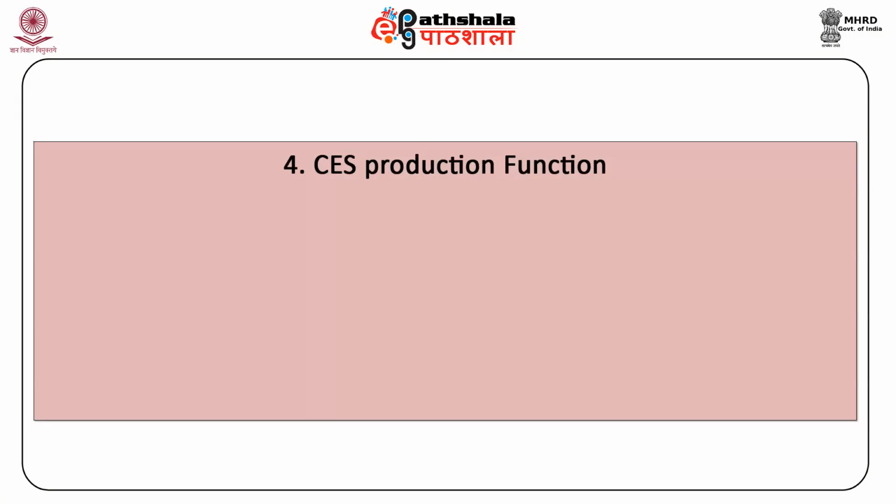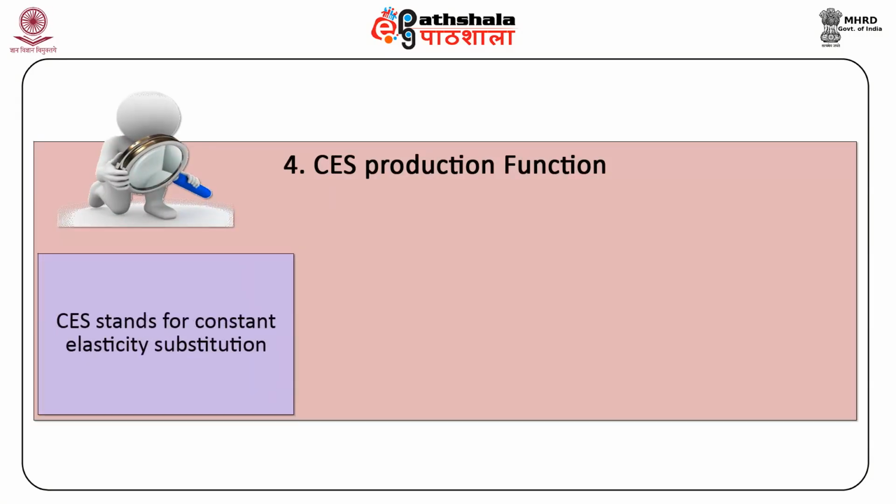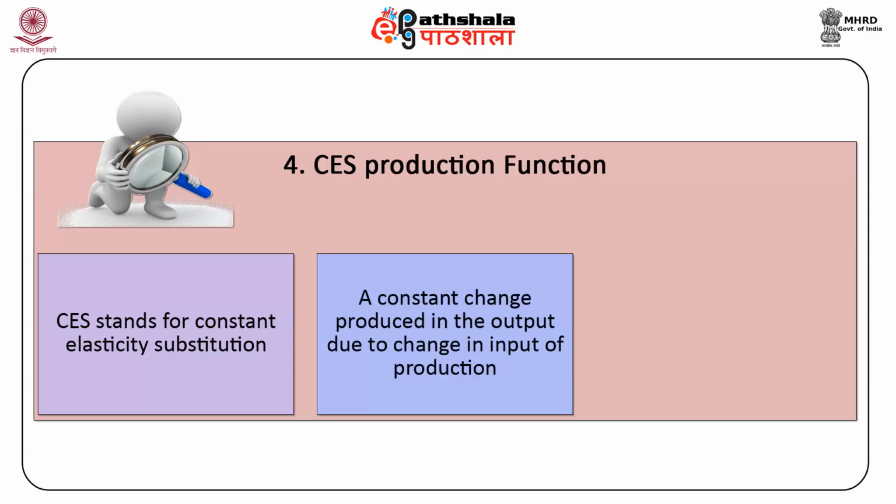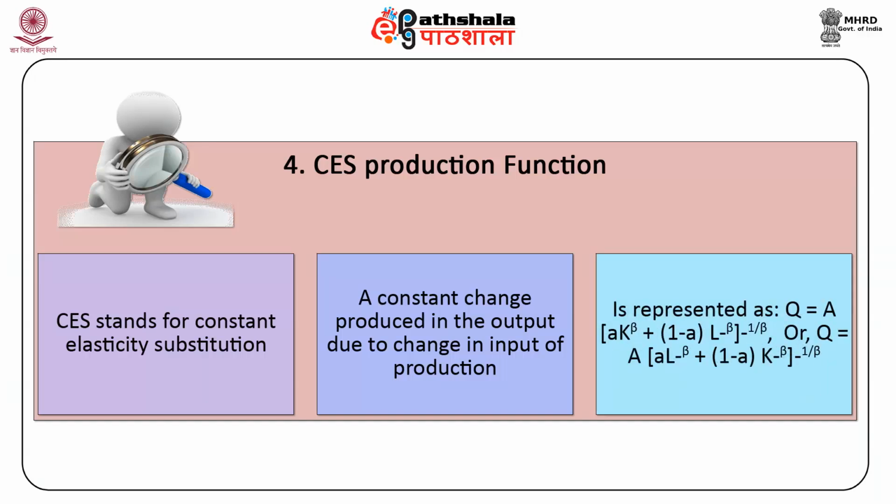Fourth, up next is CES production function. CES stands for constant elasticity of substitution. CES production function shows a constant change produced in the output due to the change in input of production. It can be represented as follows.